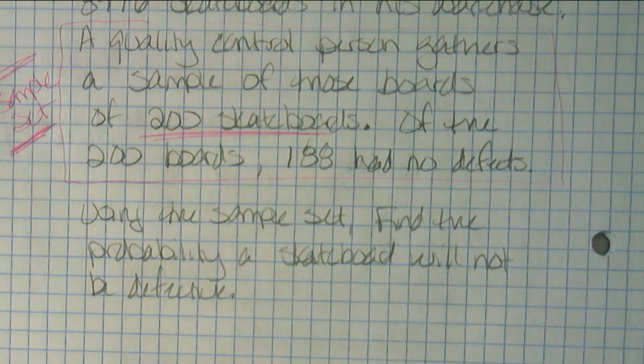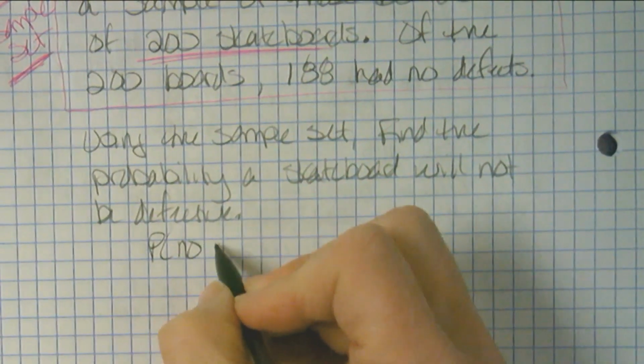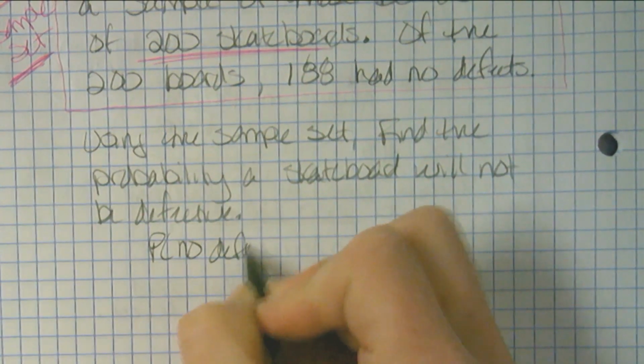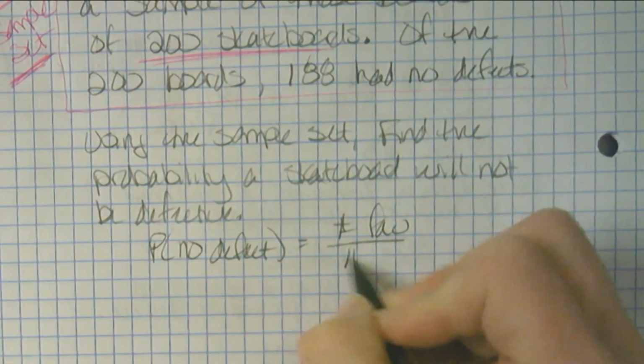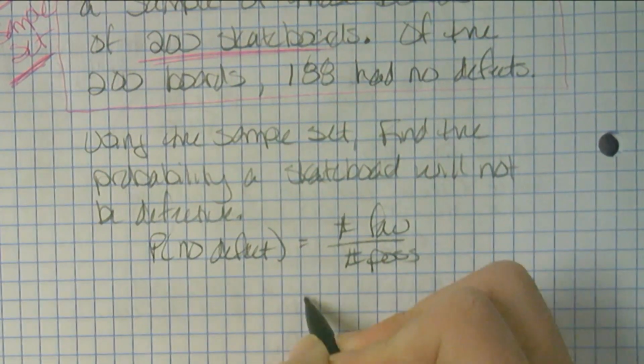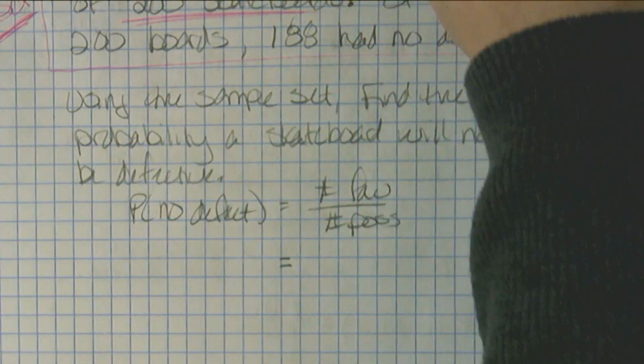So you're all doing this. So you all should be writing probability no defect equals number of fave over the number possible, and then you're putting your numbers in. Remember, when you're done, turn it into a percentage, please.